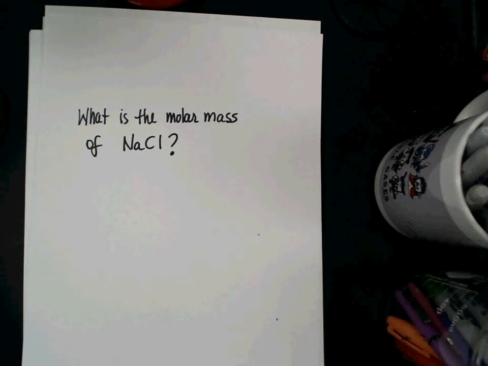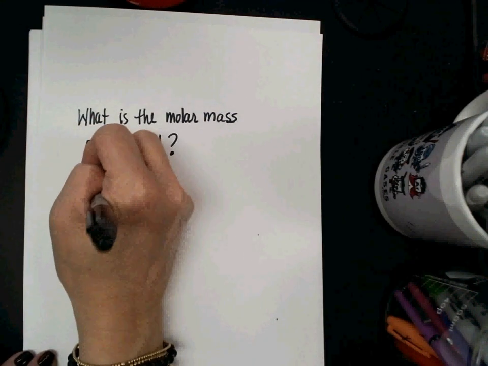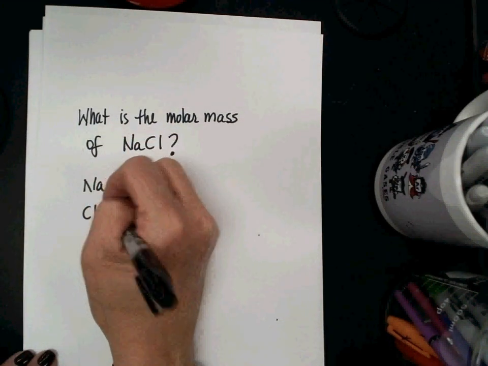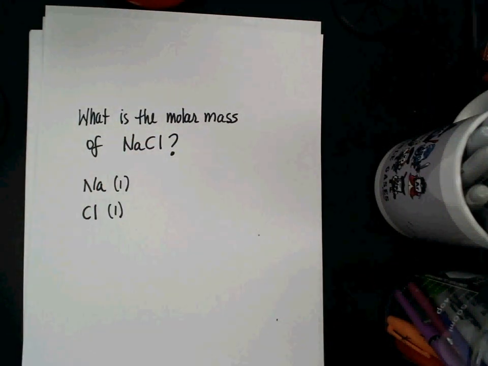Now I want you to go to your periodic table and calculate it and tell me what it is. So what do I have to do? I have to list each thing. I only have one of each, and then I have to go to the periodic table and find the molar mass.